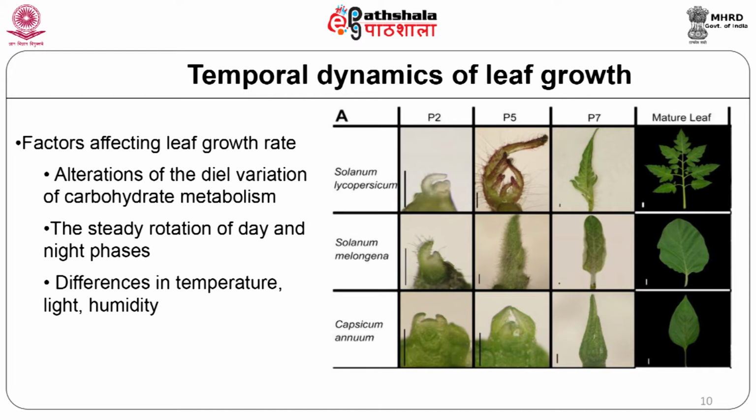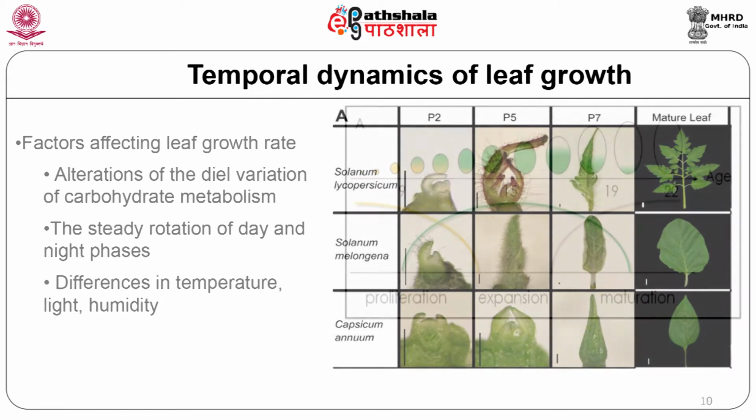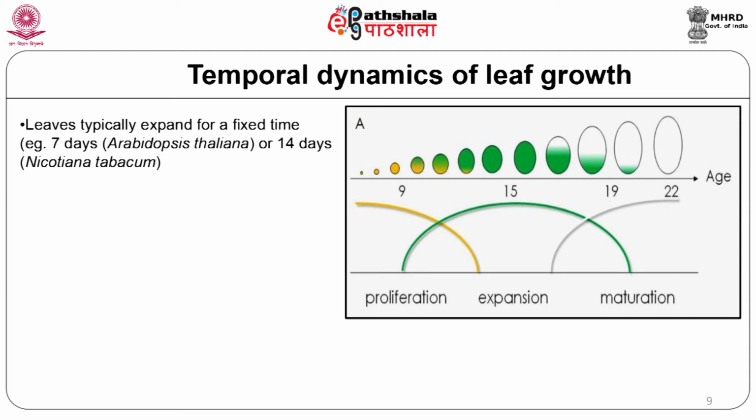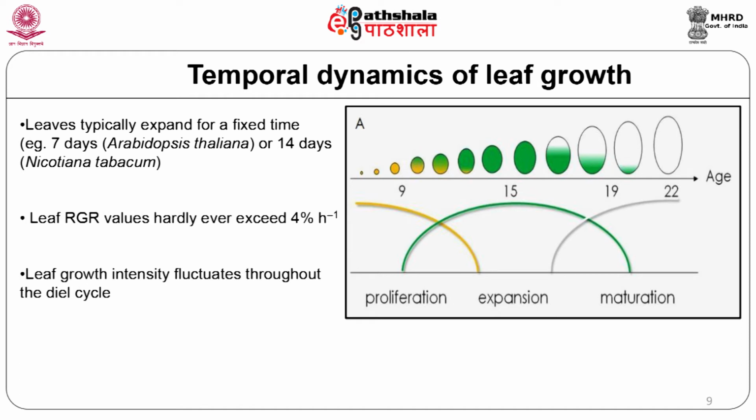Similarly, variation in carbohydrate metabolism in a 24-hour period can induce changes in leaf growth pattern. The temporal sequence of cell elongation in cells of leaves is typically 7 days as seen in Arabidopsis thaliana, or 14 days as seen in Nicotiana tabacum, and RGR values are generally within 4% per hour.